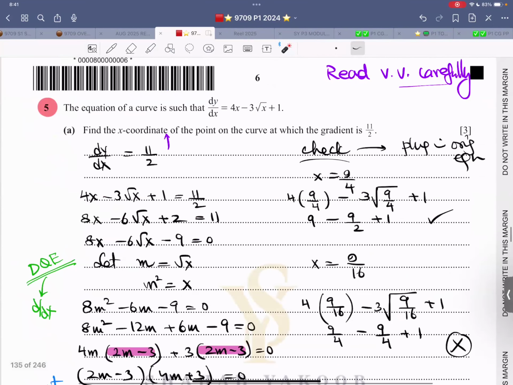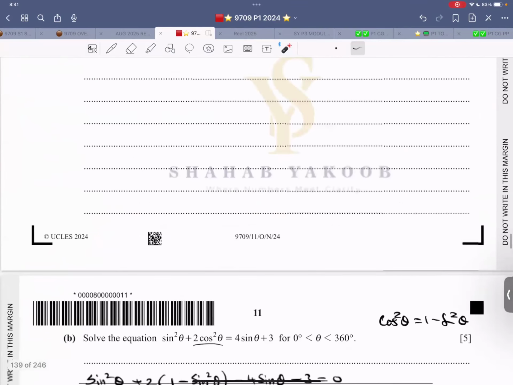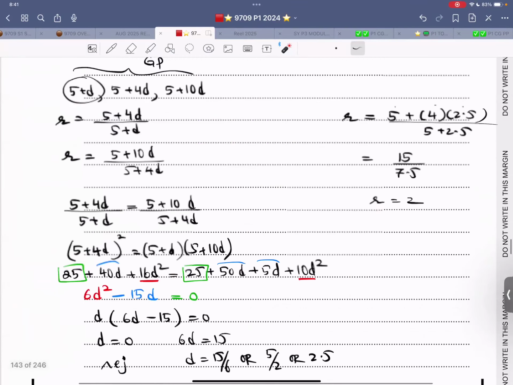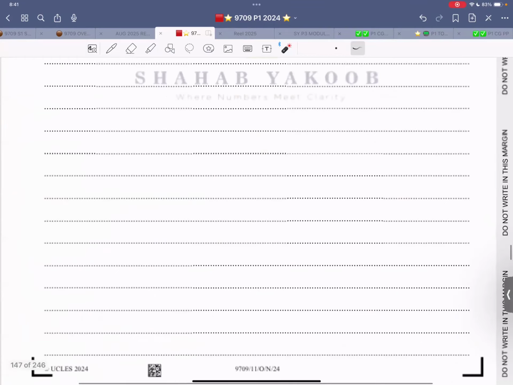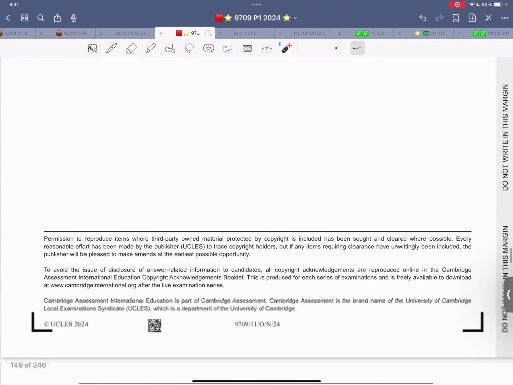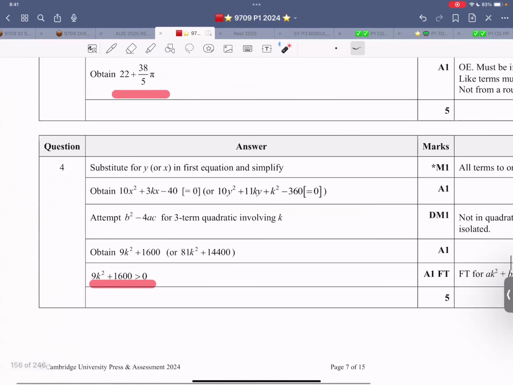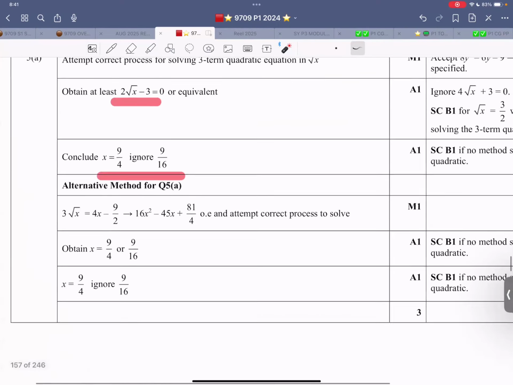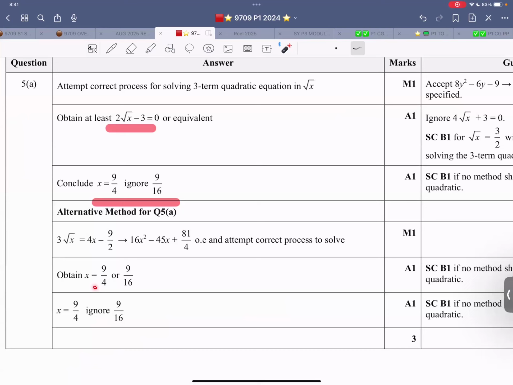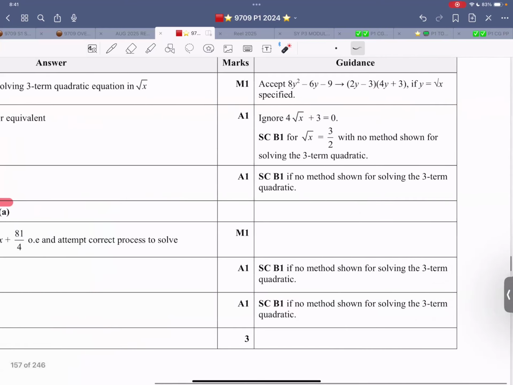And let me also go to the examiner report. This is question number 5. You have to check it by plugging in. Now hold for a second. Where is it? This is question 5. Let me just double check. Differentiate. Okay, now it says obtain x is 9/4 or 9/16. X is equal to 9/4. X is 9/16.